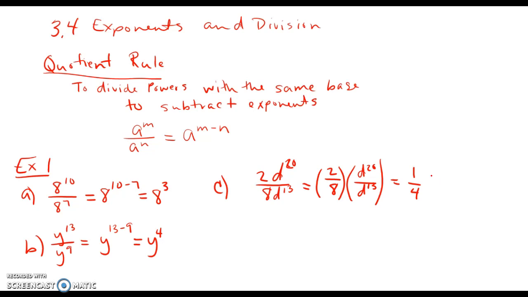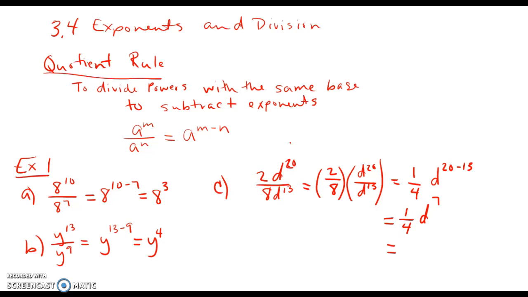And then when I simplify d to the 20th divided by d to the 13th, I'm going to have d to the 20 minus 13. And so then from here we have 1/4 d to the 7th power, because 20 minus 13 is 7. And so that's one way of writing your answer.